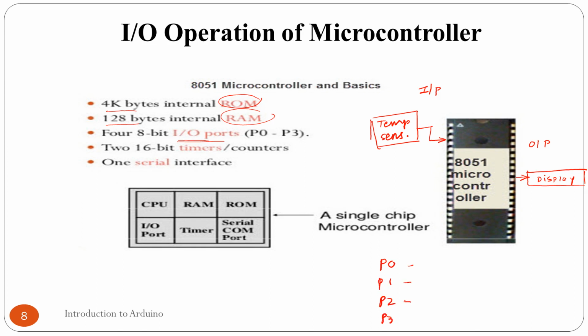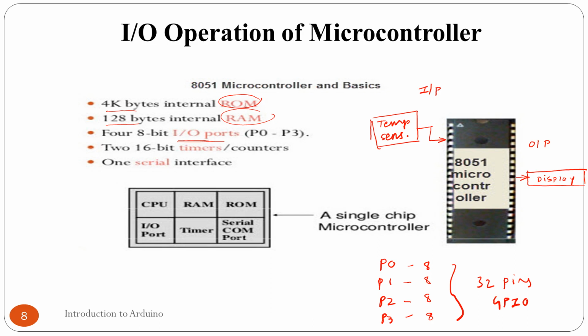All these four ports are 8-bit, so in the 8051 microcontroller every port has 8 pins. In total we have 32 pins, or GPIO pins. GPIO stands for general purpose input output pins.